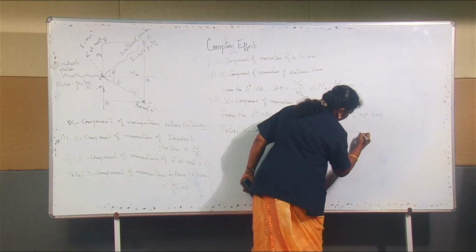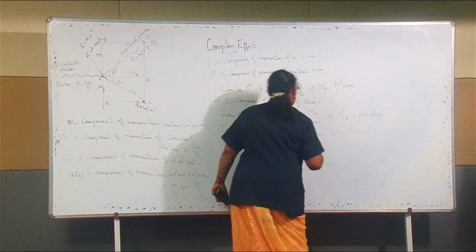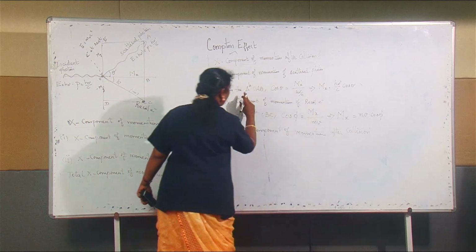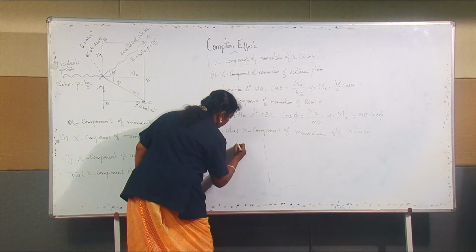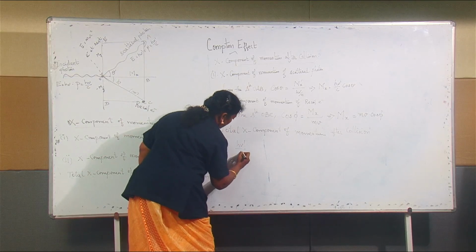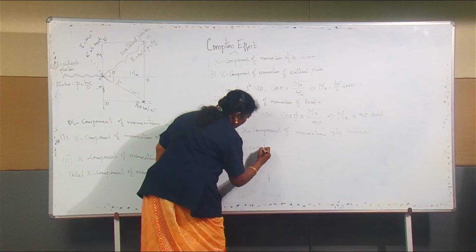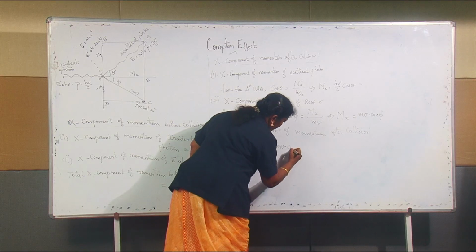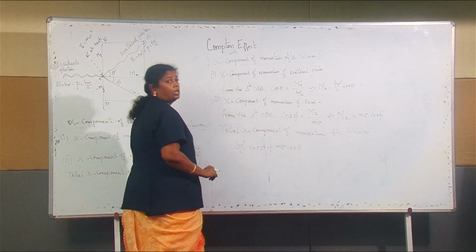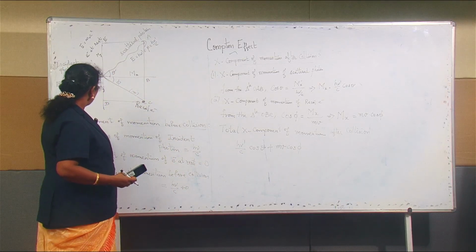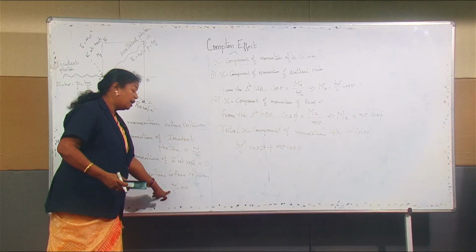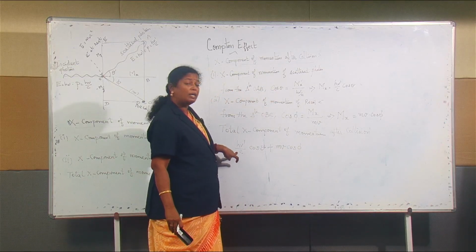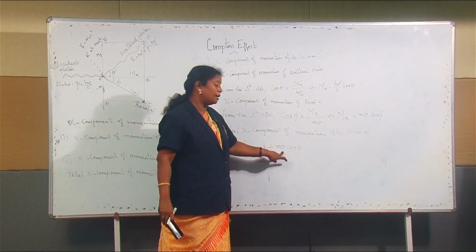After collision, we can add both, nothing but h nu dash by c cos theta plus mv cos phi. So, now we got the answer for the x component of momentum: before collision it is h nu by c plus 0, and after collision it is h nu dash by c cos theta plus mv cos phi.